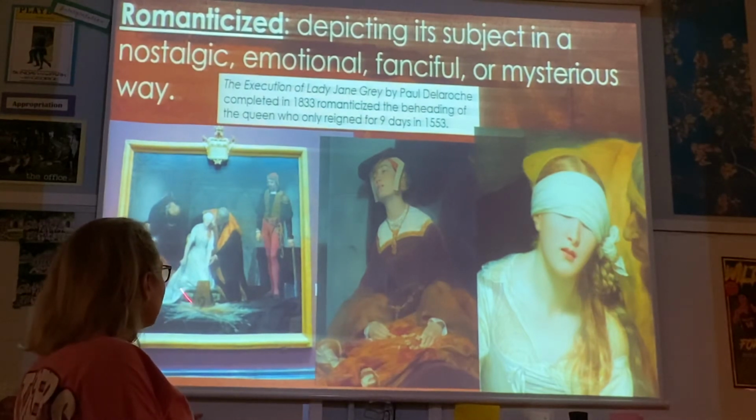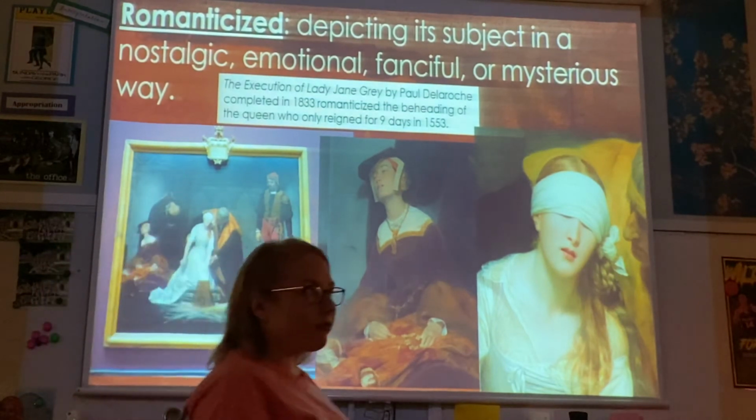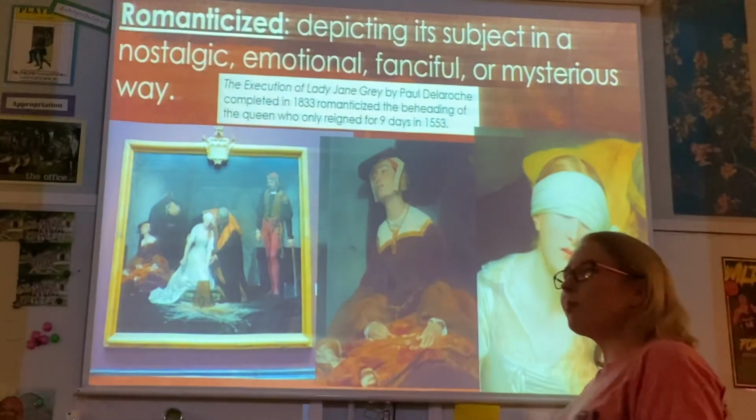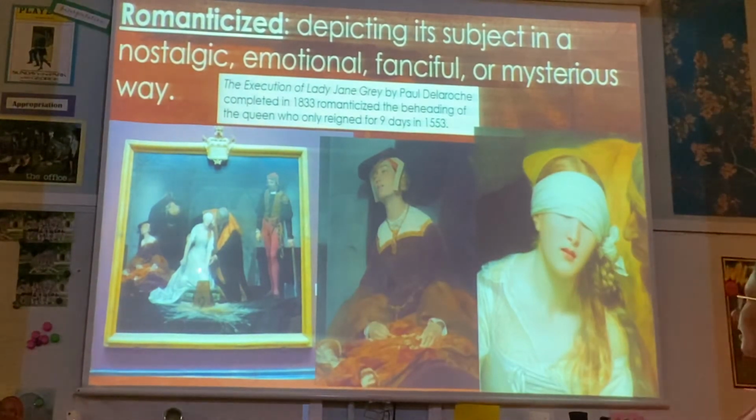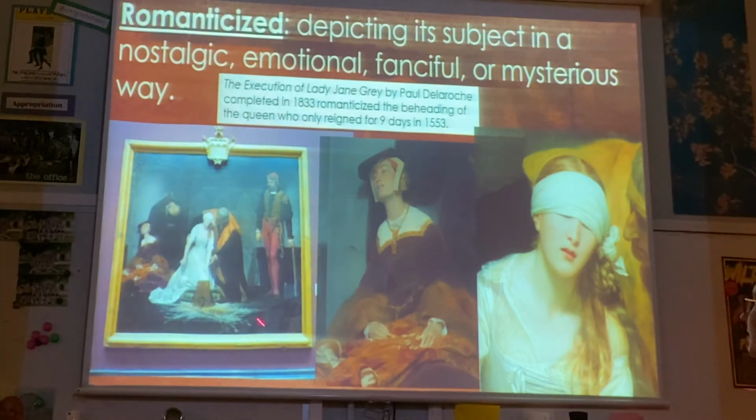So he painted the scene where they're about to cut her head off. Well, probably in real life, she wasn't wearing a beautiful white, unsoiled dress with beautiful skin and in a nice kind of little setting here, okay? It's all done in a very romanticized way because it was probably a whole lot more graphic than this.